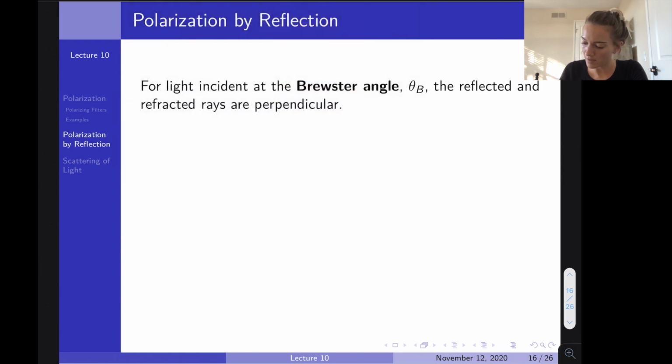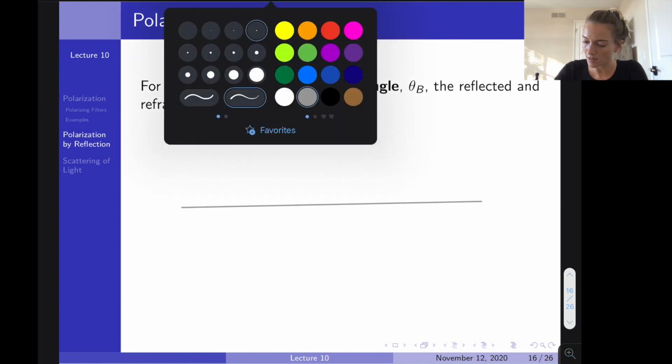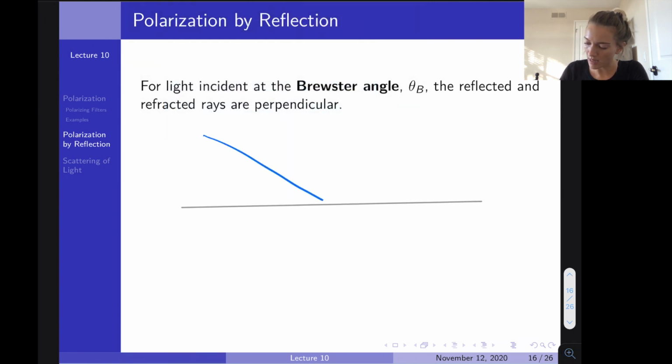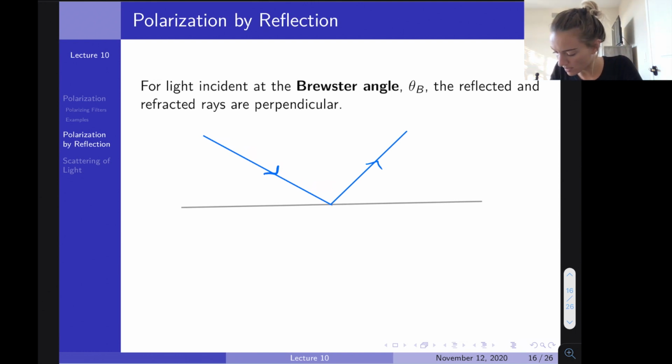So if we have some material here that has some index of refraction, and I have my light coming in like that, then it will reflect off here, and then the refracted ray, I kind of drew that so that you can't really see. Okay, so let's say that that's the refracted ray.